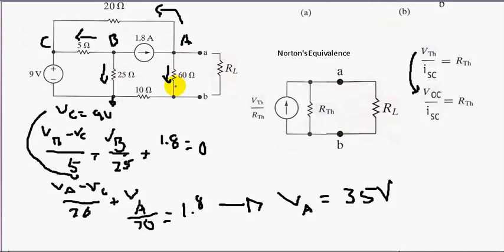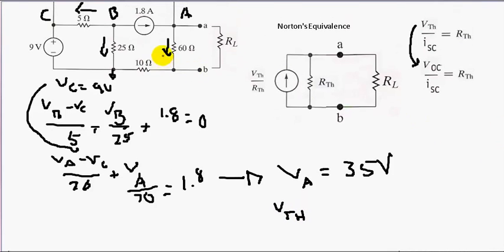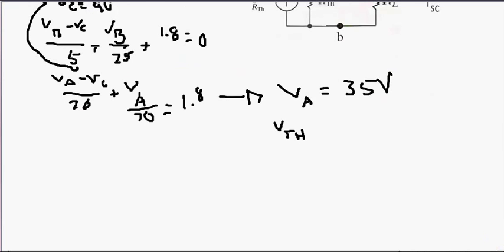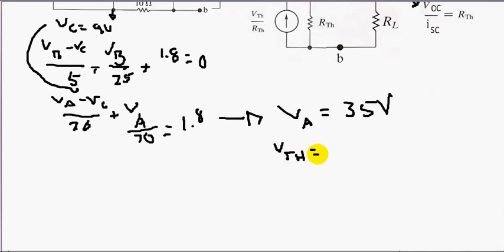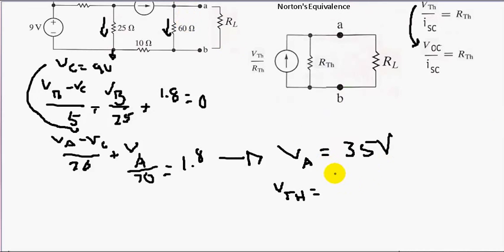But we want the voltage right here, the one across the 60 ohm resistor. So, using the voltage divider rule, V Thevenin, which is our voltage across our 60 ohm resistor, is equal to the resistance we want, 60 ohms, divided by the equivalent resistance.